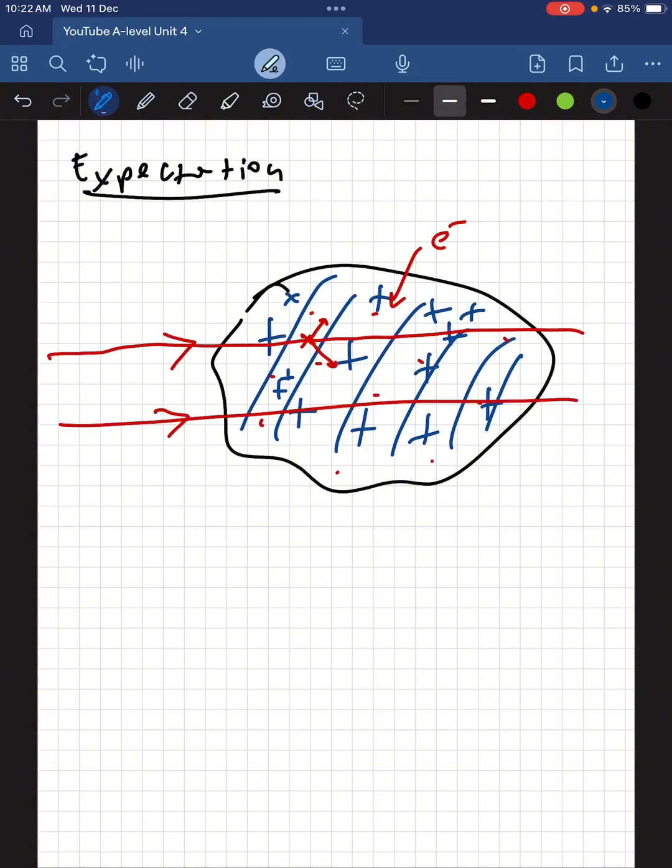So pretty much these vertical components of the force will cancel and the alpha particles will travel in a straight line. The electrons will not deflect these alpha particles by too much because they are light compared to them. So the electrons are not going to deflect them at all.